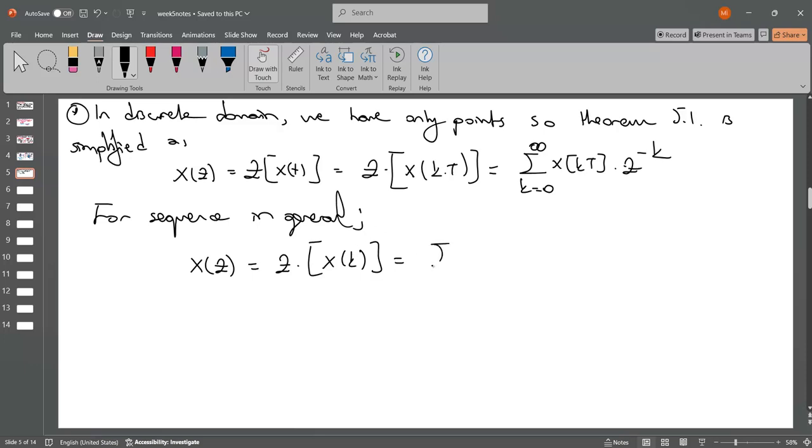And so in the general form, the sum for k from 0 to infinity of x(k) times z^{-k}. Okay? And so this is called the one-sided z transform. Okay?